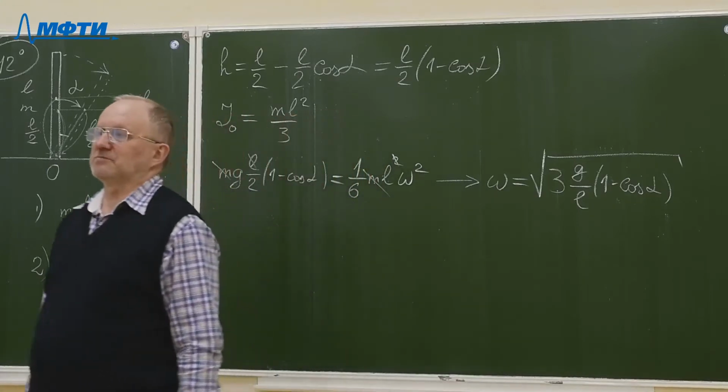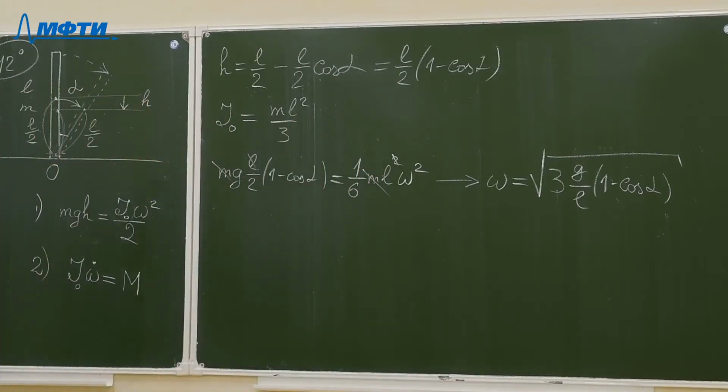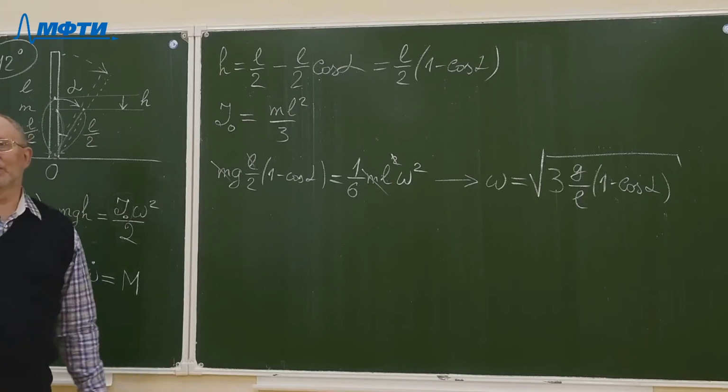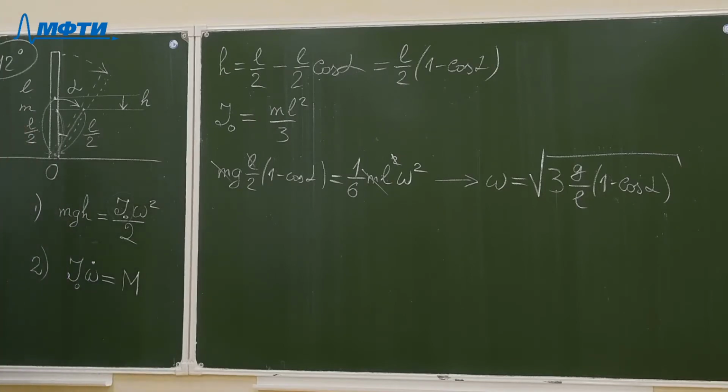So this result is obtained from the law of conservation of energy. And the law of conservation of energy for rotating solid bodies applies when no external forces produce work.